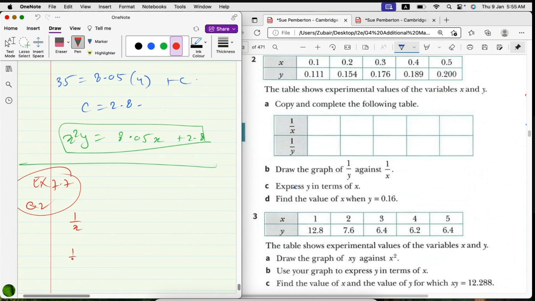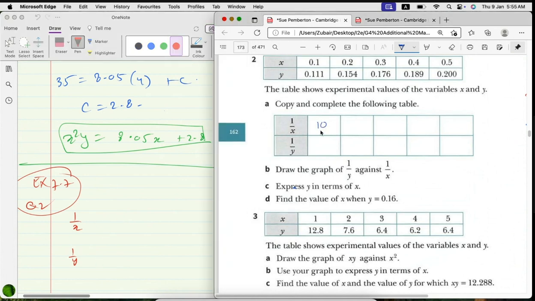1 over x, 1 over y. 1 divided by 0.1, or I'll just use this table, 10, and 1 by 0.2 is 5, 1 by 0.3 is 10 by 3, which is 3.33, 1 by 0.4 is 2.5, 1 by 0.5 is 2.